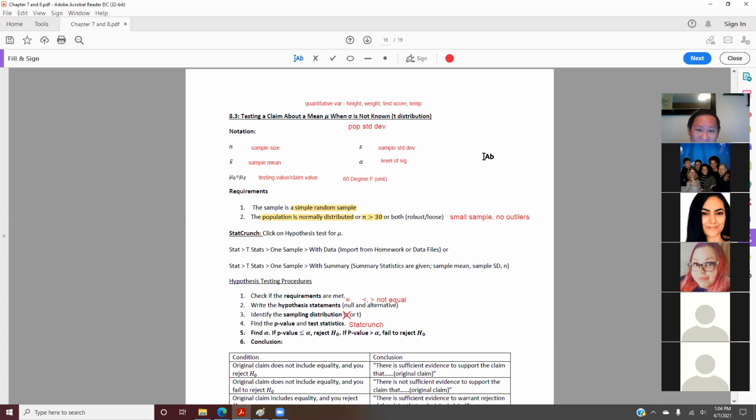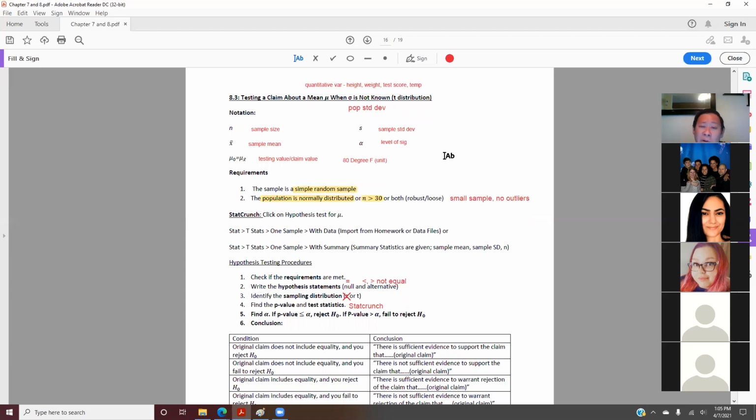We don't cover the sigma is known part. We just cover this part, which is what we will concentrate on more. So do not worry about when the population standard deviation sigma is known. We won't cover that one.